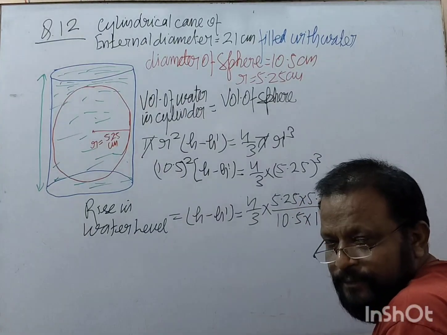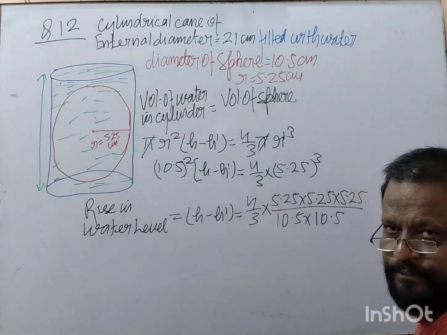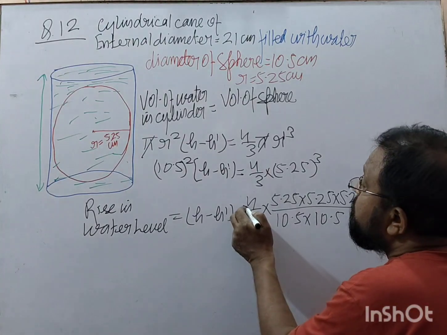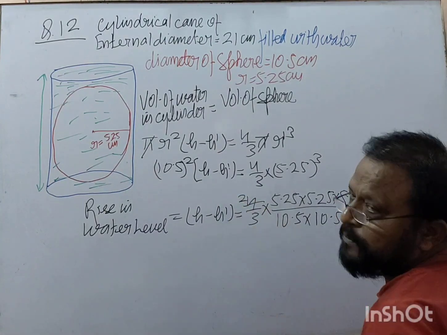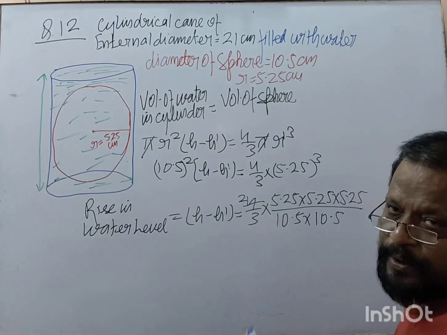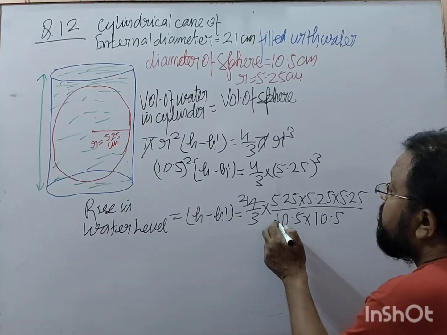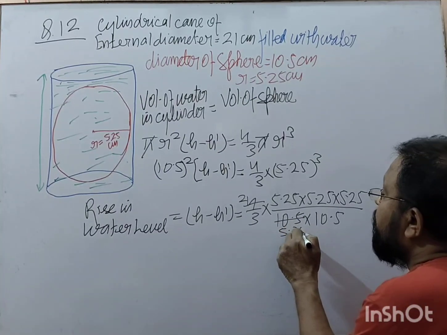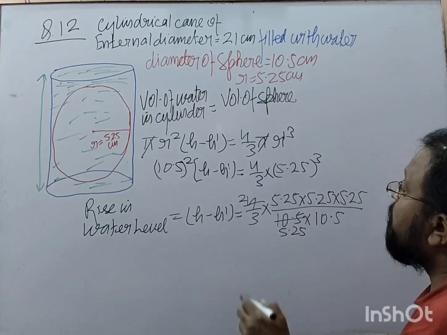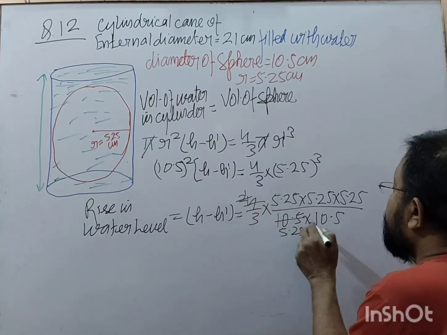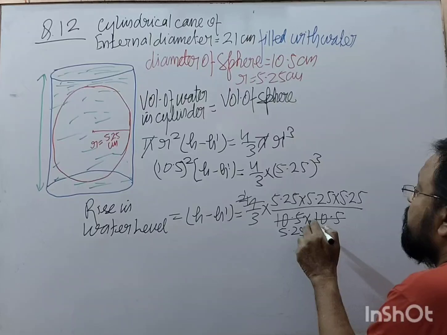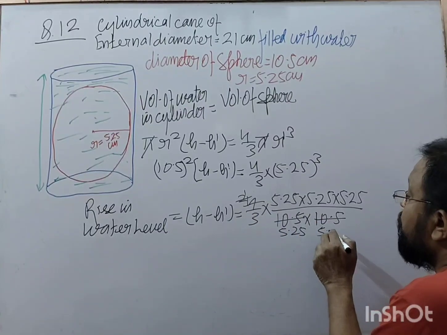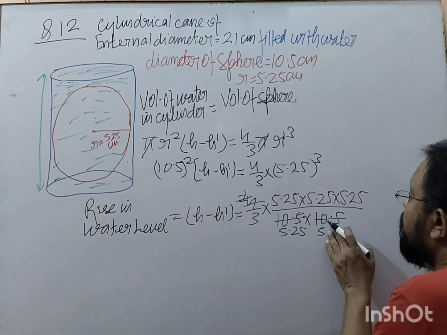This 2 times 2 becomes 4, divided by 2 you get 5.25, and 10.5 divided by 2, you get 5.25.